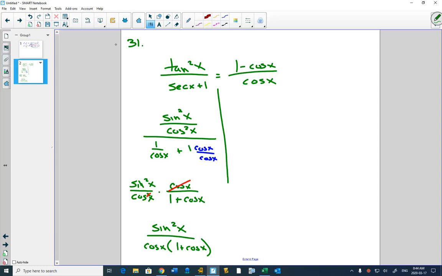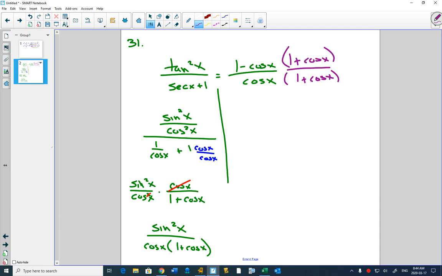So if I wanted to use the build the other side strategy right now, let's say I want to get my denominators the same. This denominator has cos and 1 plus cos. This denominator just has a cos. So if I multiplied this side by 1 plus cos over 1 plus cos, I'm multiplying by 1. I'm not changing what that side equals.